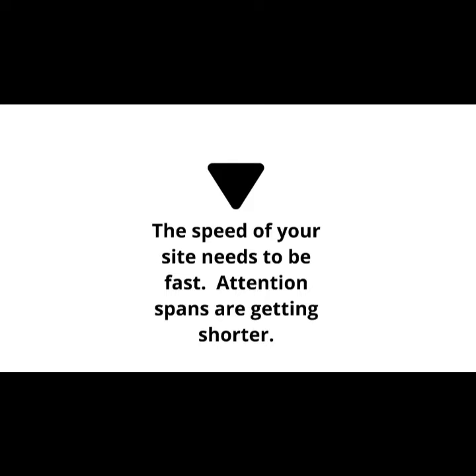The root cause is that the speed of your site needs to be fast, and that's kind of a no-brainer. Attention spans are getting shorter and shorter, and that is why you need to look at that first.